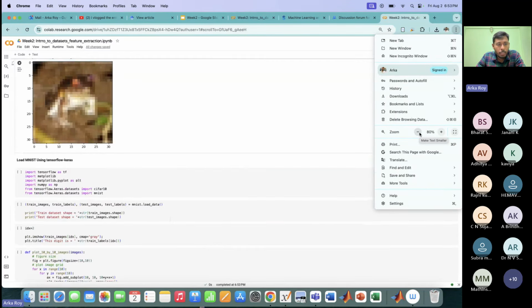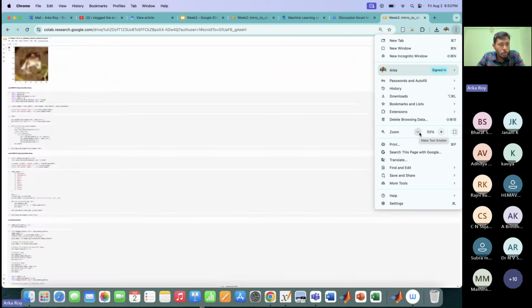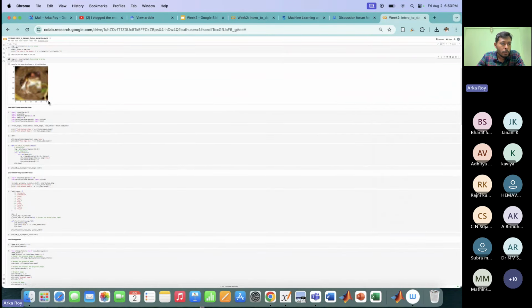If I just zoom it down, or zoom out, can you tell me what this particular object is? Are you able to recognize this particular object or not?